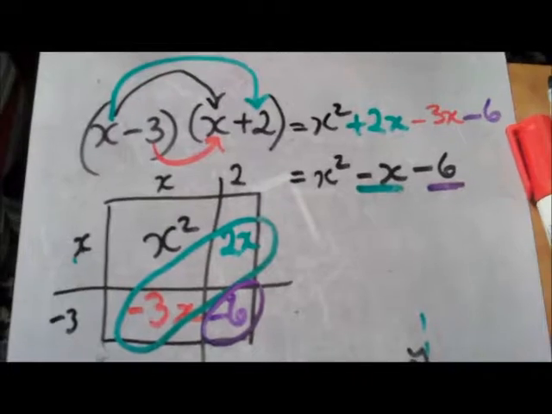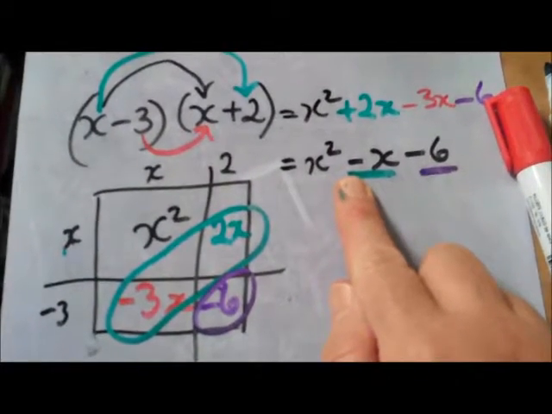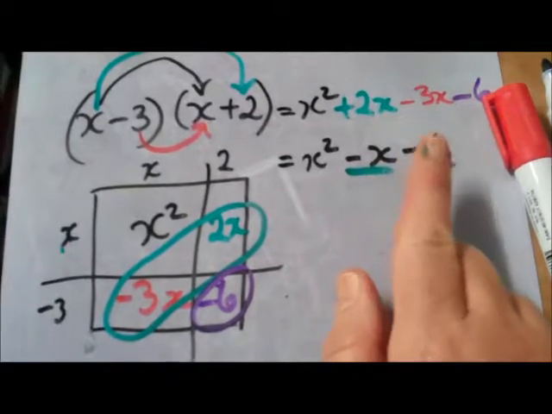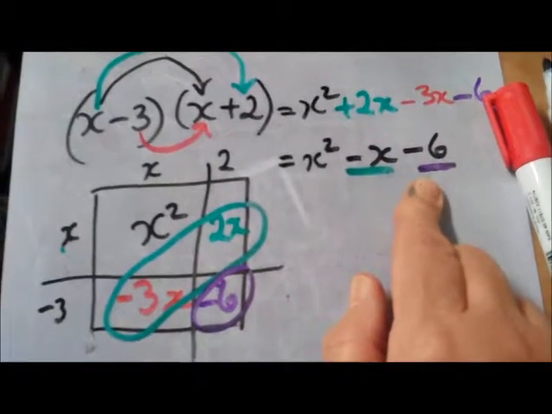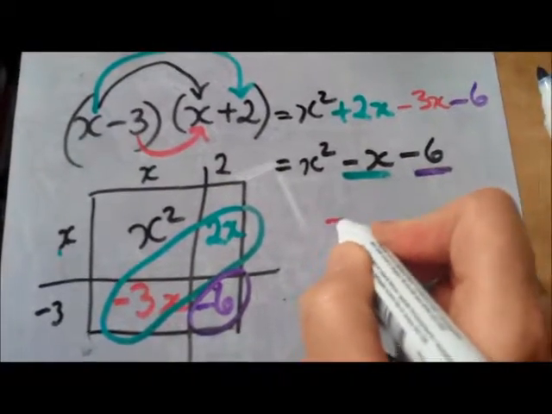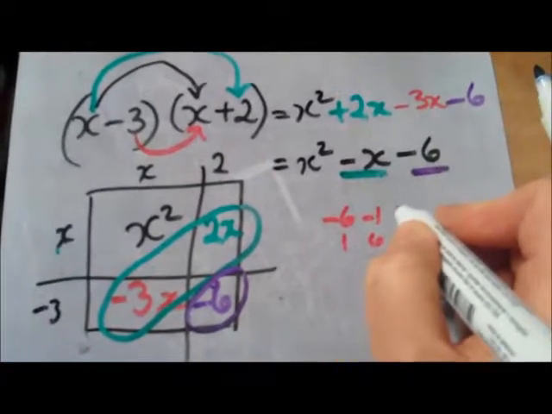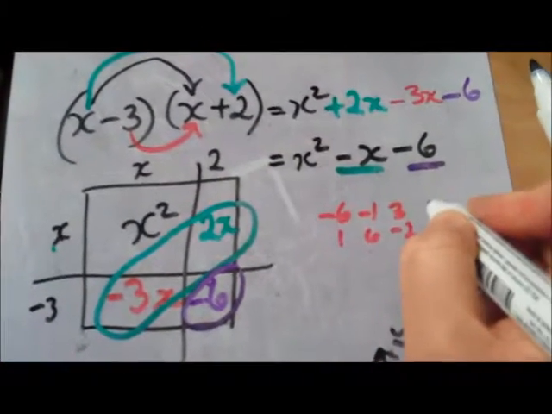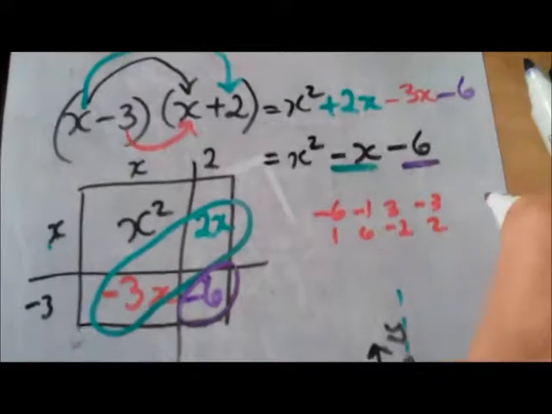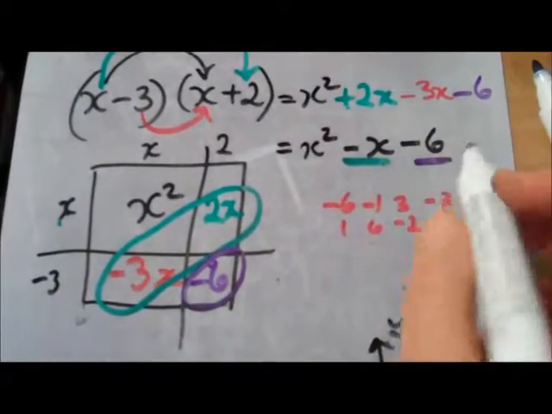And if you remember the game that we played, what two numbers add to give minus 1 and multiply to give minus 6? So you have to say to yourself, okay, minus 6. I could have minus 6 and 1. I could have minus 1 and 6. I could have 3 and minus 2. Or I could have minus 3 and 2. Are there any more? Well, they're the factors of negative 6.